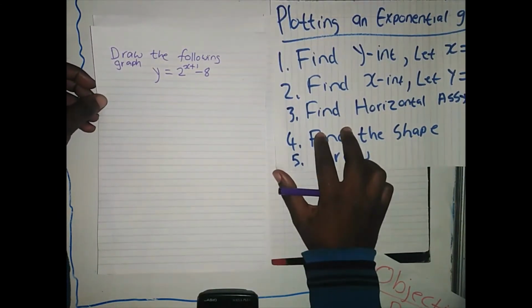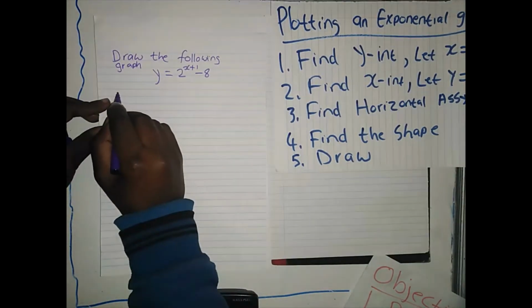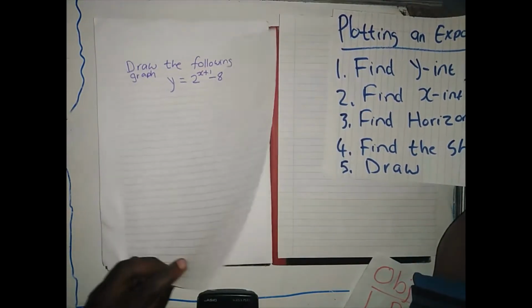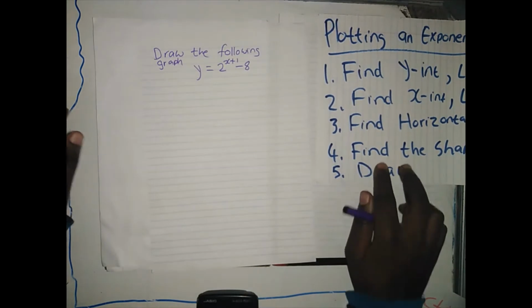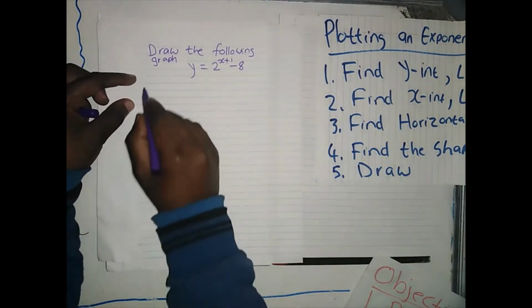Find the y-intercept. So what we're going to do here, we are going to say solution. So find the y-intercept. That is step number 1, by letting x be equal to 0. So how do we go about and do that?